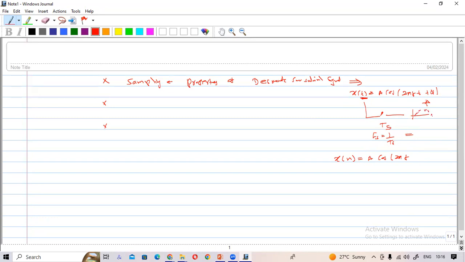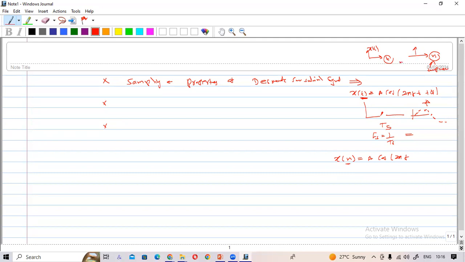In the discrete time signal, we represent the sample number n. In continuous time, the signal is representing time directly, time with respect to voltage or something. But in a discrete time signal, we use n rather than t. This is the sample number.